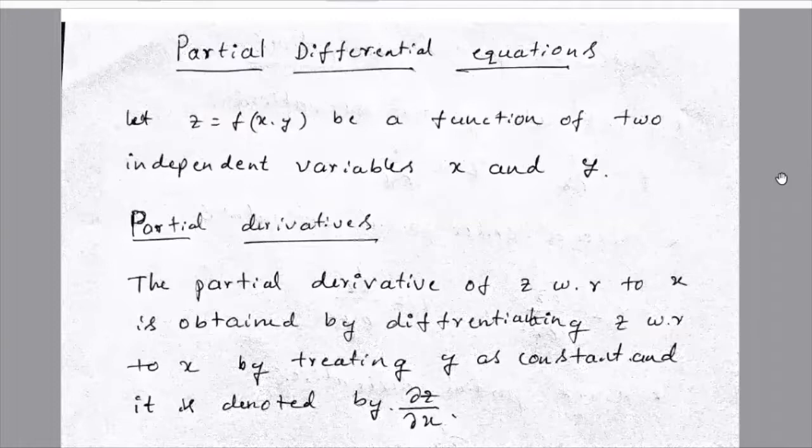In this video, I am going to explain partial differential equations. Let z equals f of x, y be a function of two independent variables x and y. So what are partial derivatives?